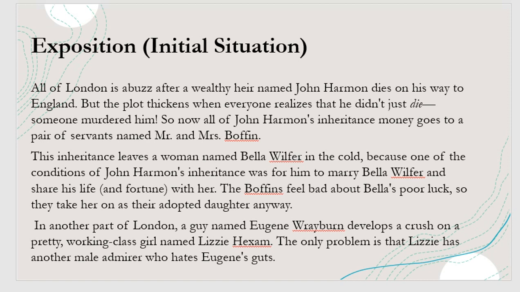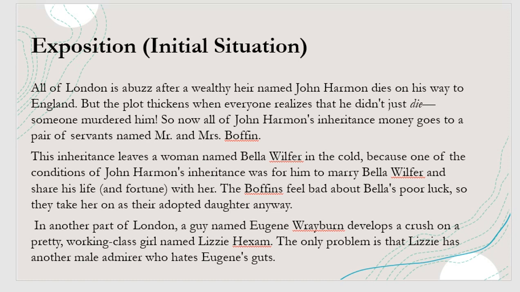When John Harmon is announced as a dead man, London changed in that regard, and the inheritance leaves a woman named Bella Wilfer out in the cold. It means she didn't get any benefit from the promise of the father of John Harmon, and because of that, at the end of the day, the fortune came back to John Harmon. But Mr. and Mrs. Buffin feel bad about Bella's poor luck, so they take her on as their adopted daughter.